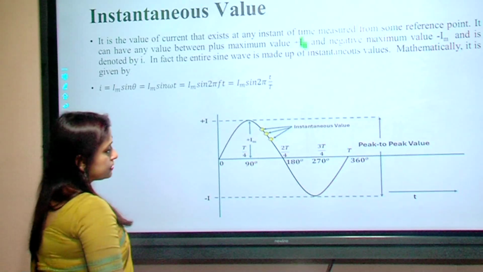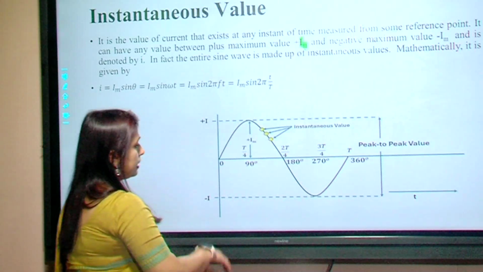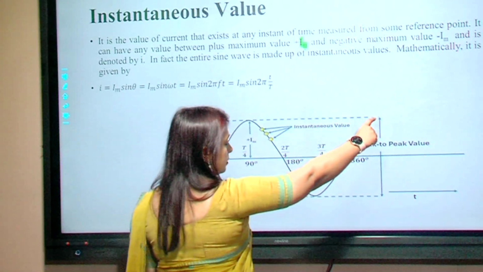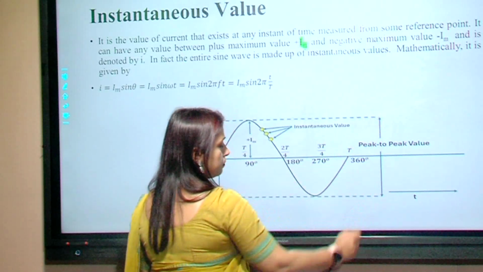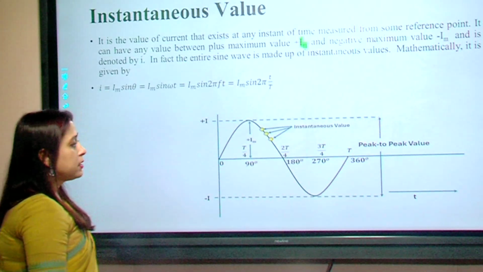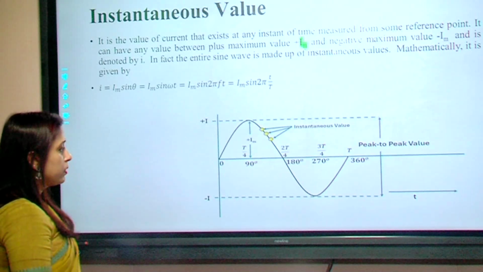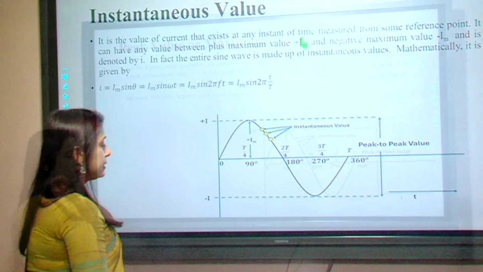So in this figure itself, we can see that this difference between the maximum positive value and maximum negative value is termed as the peak to peak value of current or voltage.